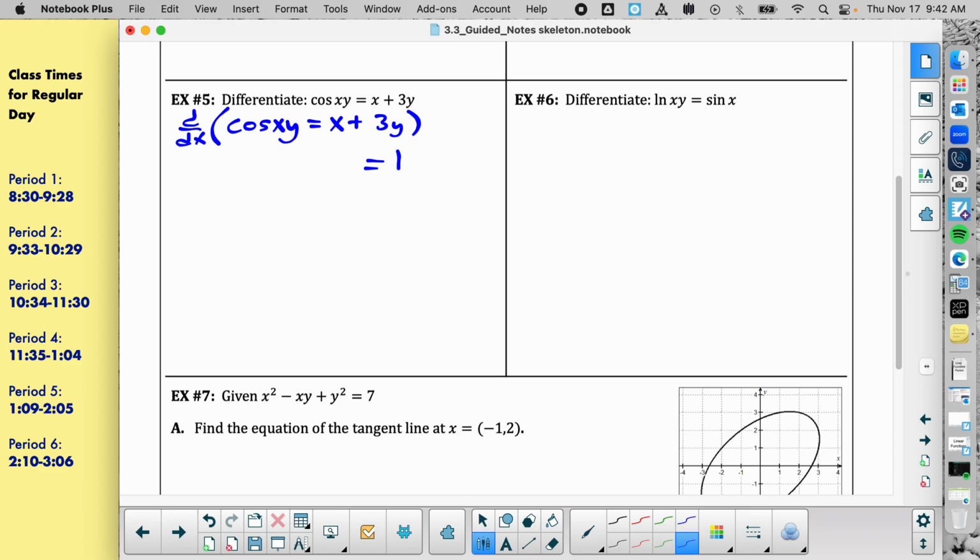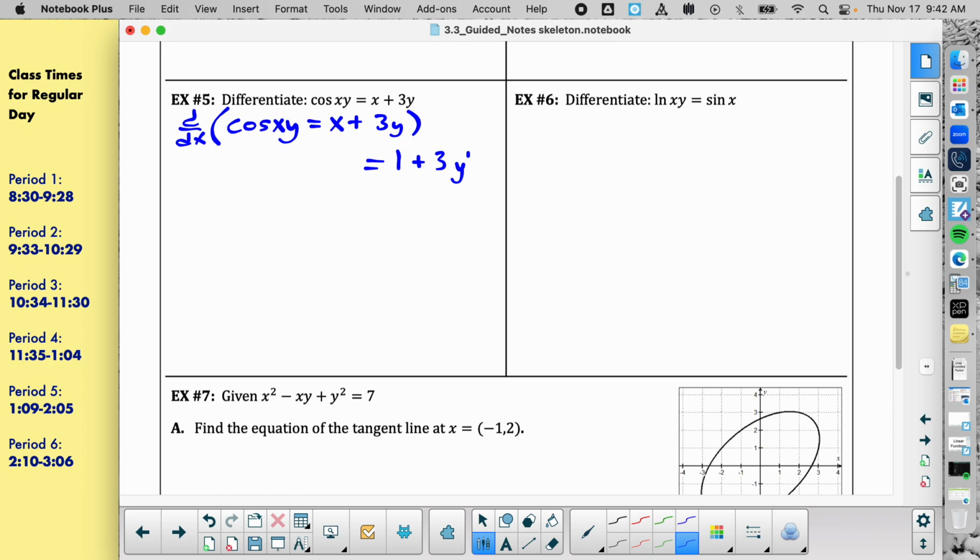So derivative of x is 1. Derivative of 3y, 3 y prime. Are we okay with y prime?